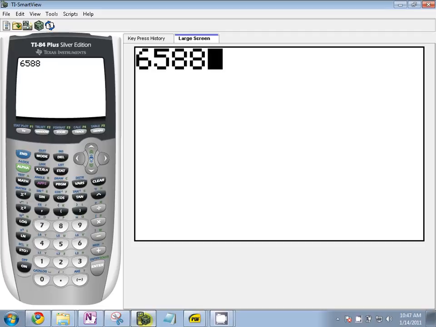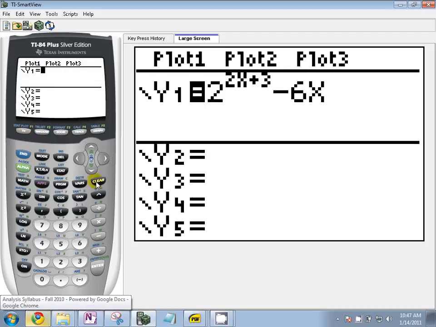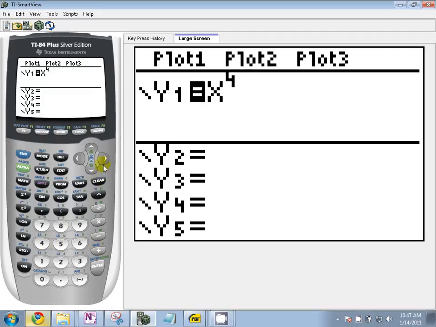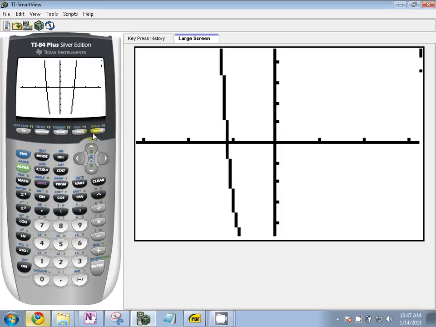Put your calculators down for now, everybody. Just watch. If you go into y equals, and let's give it something pretty fun, let's go with x to the 4th minus x squared minus 6. Let's see if we can graph this and see what it looks like. Goes up, goes down. Remember zoom fit, everybody?